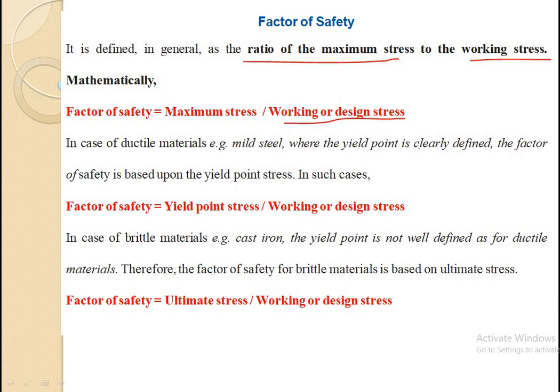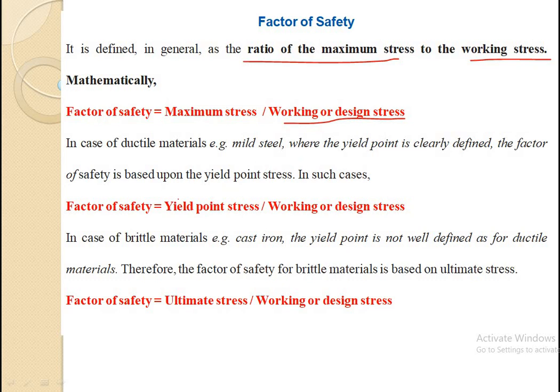Ductile materials do not break without giving any significant indication. They indicate that they are going to break if we apply a large amount of load on them. So before breaking, the ductile material undergoes neck formation. That neck formation is nothing but the yielding. That point is the yield point of that material.